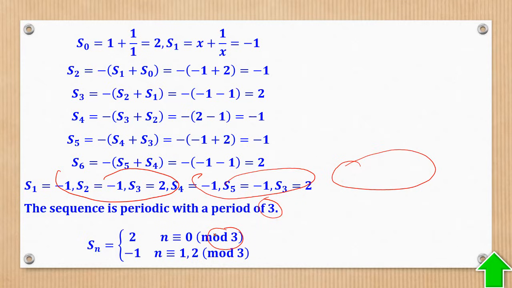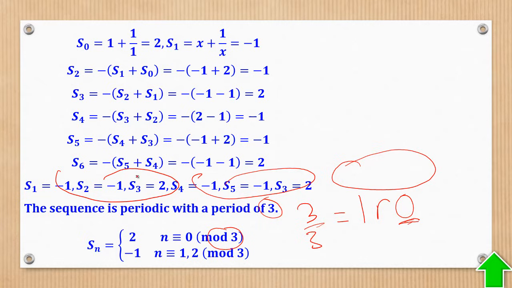For example, when they say 3 divided by 3, what will you get? I'll get one whole number, remainder 0. Now, in modulo, our interest is this remainder.